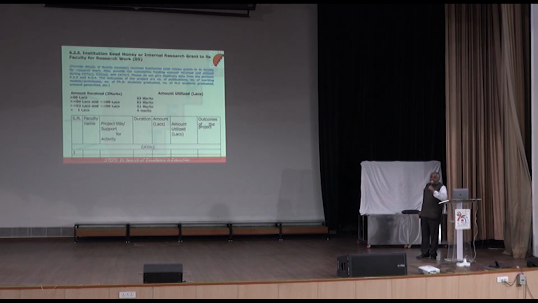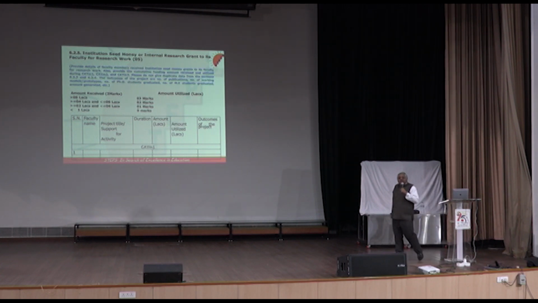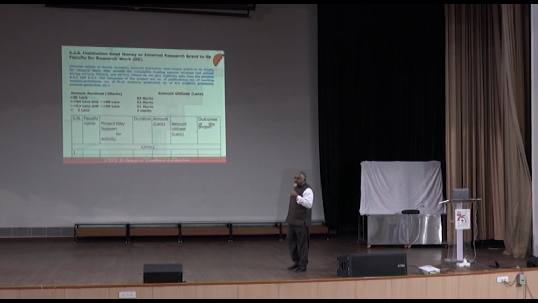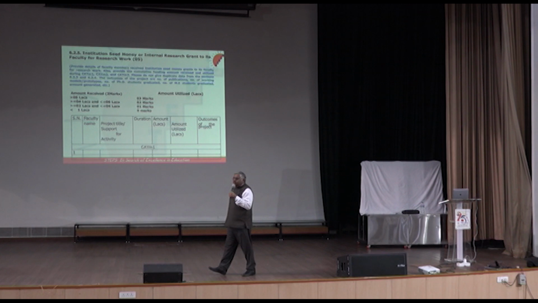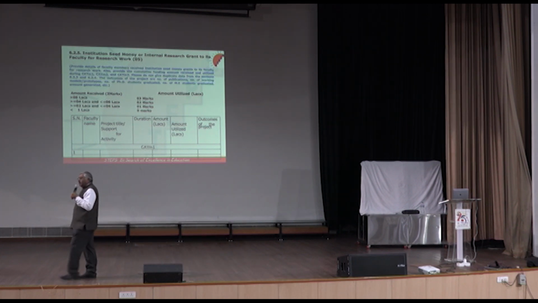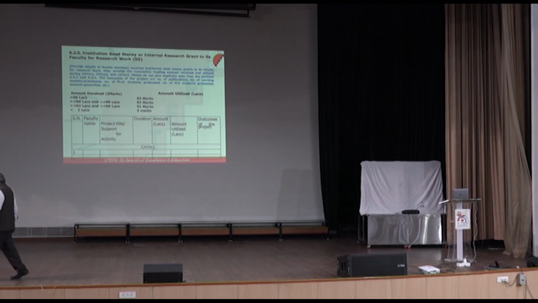A new thing has come up: institution seed money or internal research grant to its faculty for research work. This was available in NAC. They removed it for affiliated institutions, but it was there in autonomous institutions and universities. But now NBA has also included the seed money for faculty.